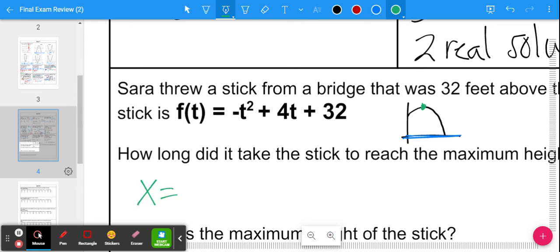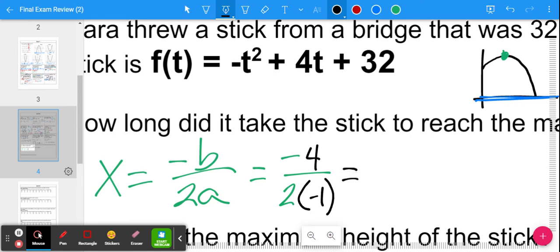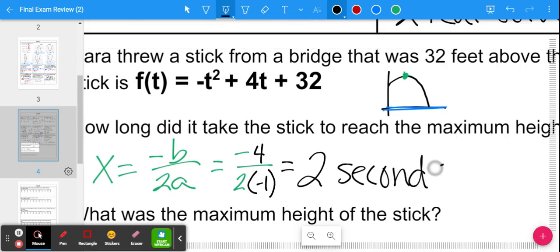So to find that, you do negative b over 2a, which is everything that's outside the radical symbol in the quadratic formula. So your b value is 4, so we have negative 4 over 2, and your a value is negative 1. So negative 4 divided by negative 2 is a positive 2, which means that it took 2 seconds for the stick to reach the maximum height.